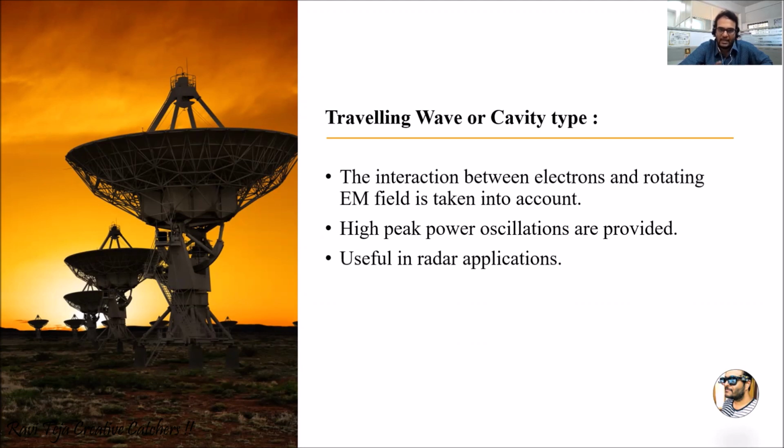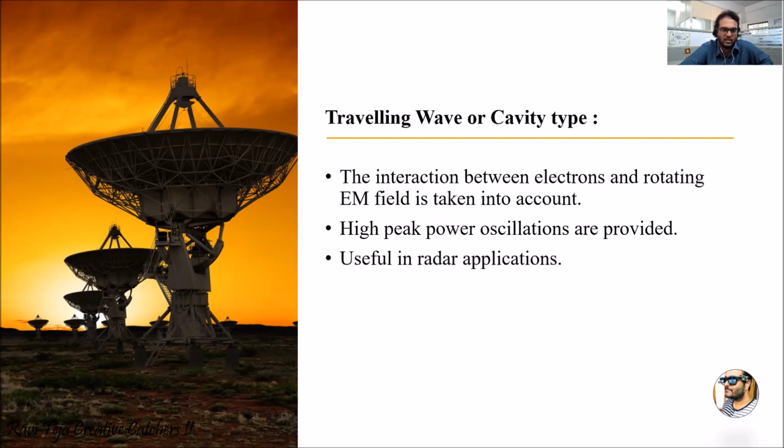In this particular type, high peak power oscillations are produced. That is why it generates huge microwave frequencies in gigahertz, and they are very useful in radar applications. Mostly the magnetrons generate frequencies in the gigahertz range with high peak power oscillations, and that is why they are used in radar applications for efficient detection.